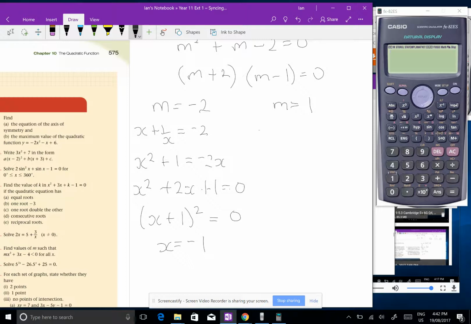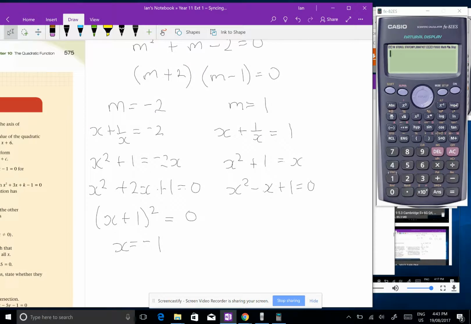And over here, x plus 1 on x equals 1. Multiply by x, and I'll get x squared plus 1 equals x. And that'll give me x squared minus x plus 1 equals 0.